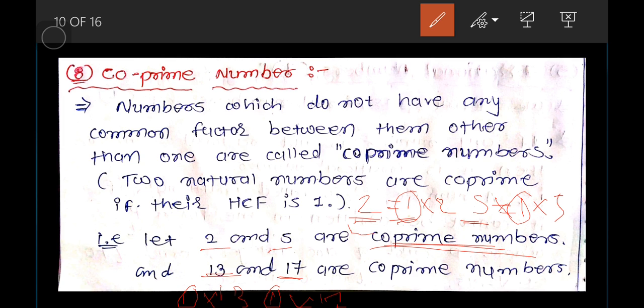If any two numbers are given, and between them you cannot find any common factor other than 1, then you can say that these two numbers are coprime numbers. Also, if you take three numbers 2, 7 and 19, these three numbers are also coprime, because you cannot find any common factor other than 1 among these three prime numbers. So it was about coprime numbers.